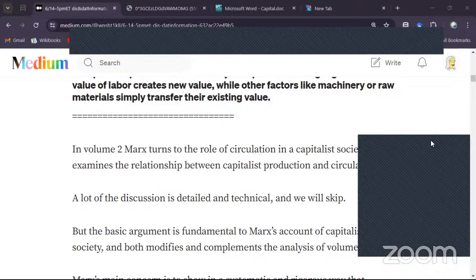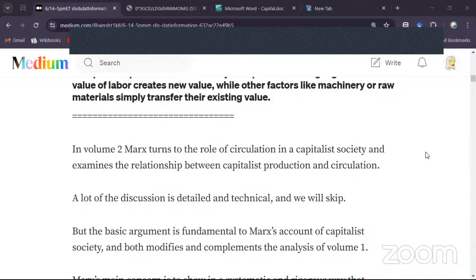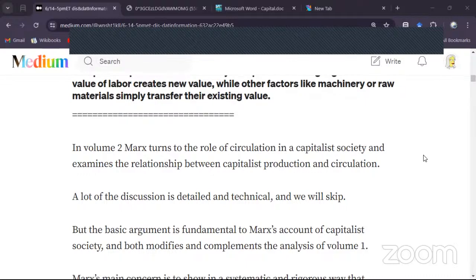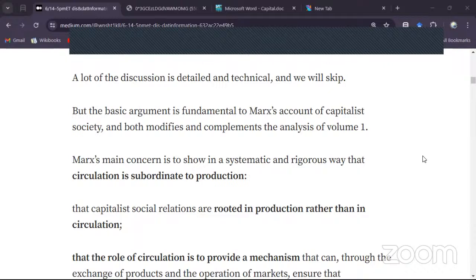In volume 2, Marx turns to the role of circulation, as we just described, in a capitalist society, and examines the relationship between capitalist production and capitalist circulation. A lot of the discussion is detailed and technical, and we will skip it. But the basic argument is fundamental to Marx's account of capitalist society and both modifies and complements the analysis of Volume 1.